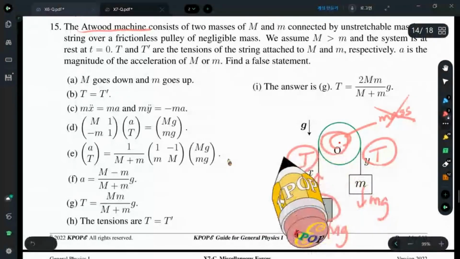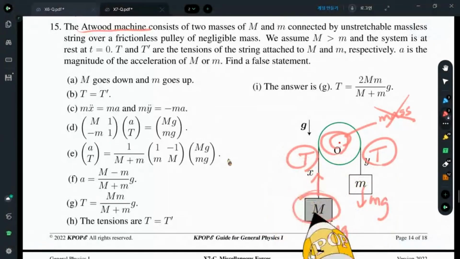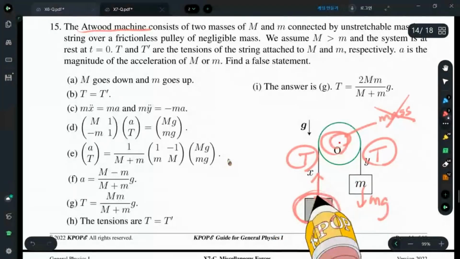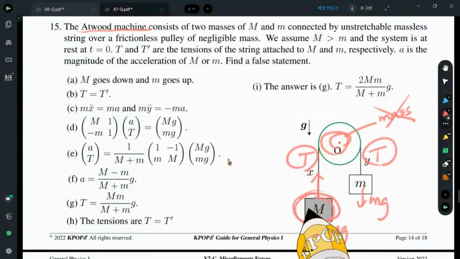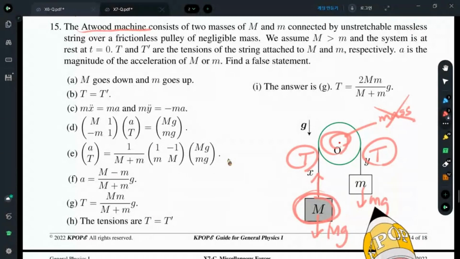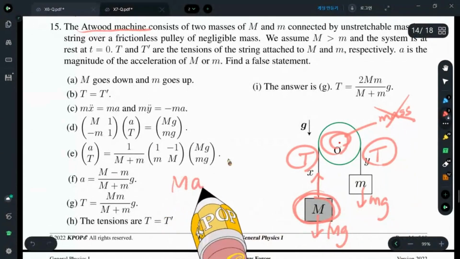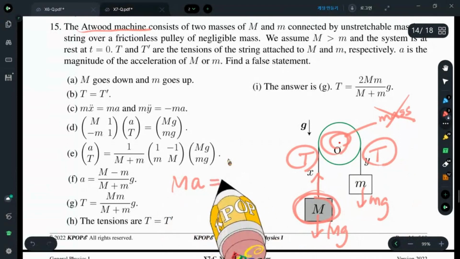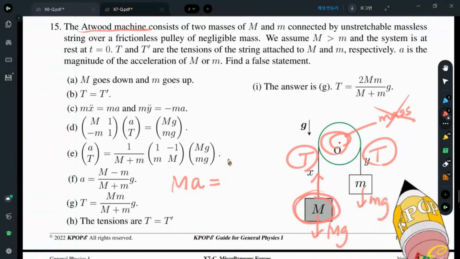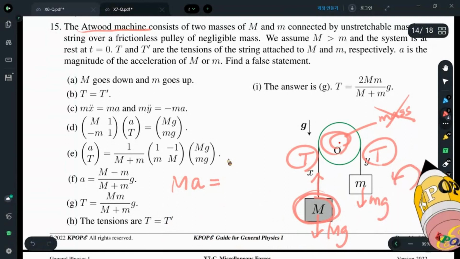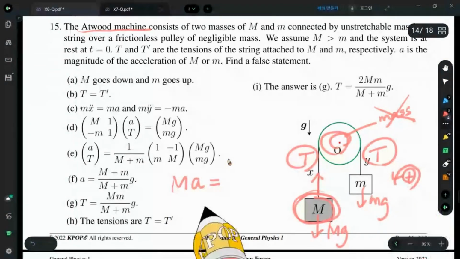If you look at this one, tension is going down, and if you look at this one, tension is going up. Anyway, we have two equations of motion. Let us consider this direction to be the positive direction.